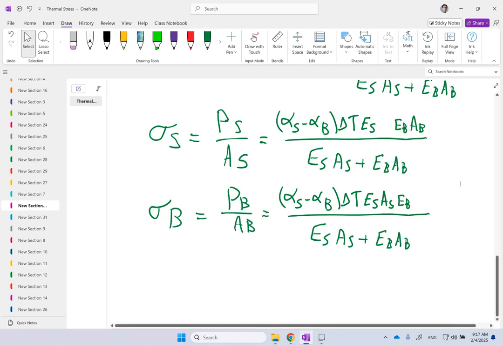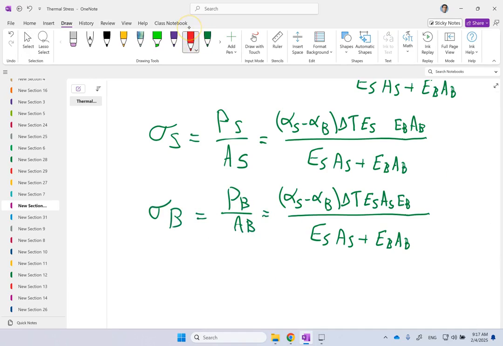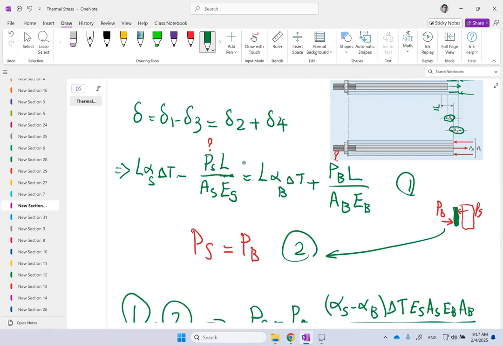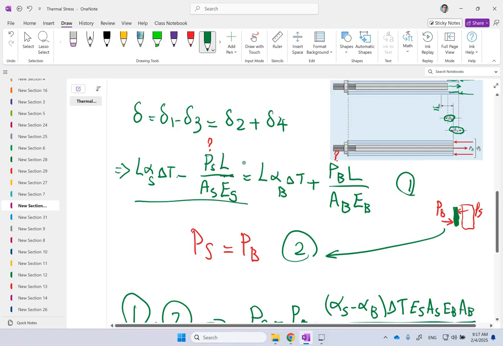These guys. Then in part 2, it says what is delta? What is the equivalent elongation in both of them? Well, all I need to do is to go back here, and on one side of this, when I found PS or PB, I either go for the left side or the right side. They are the same.